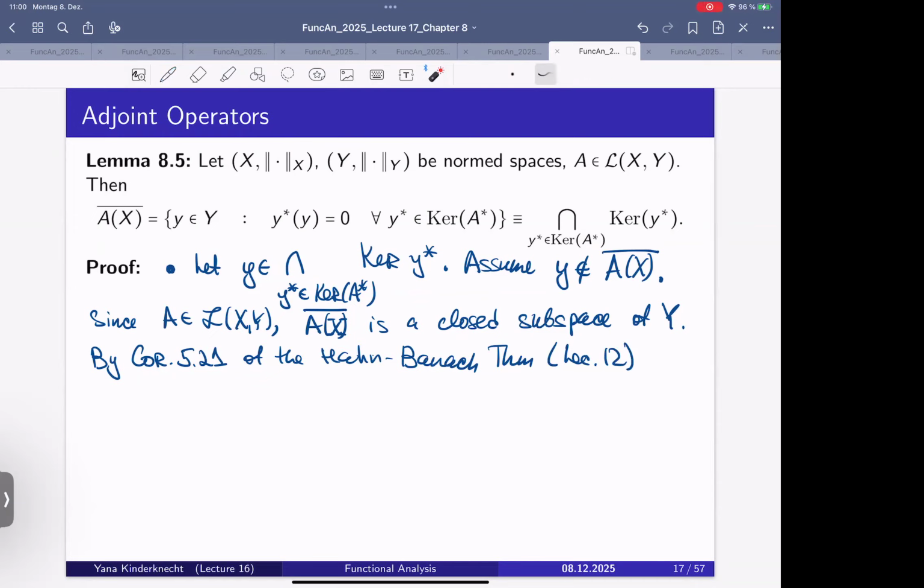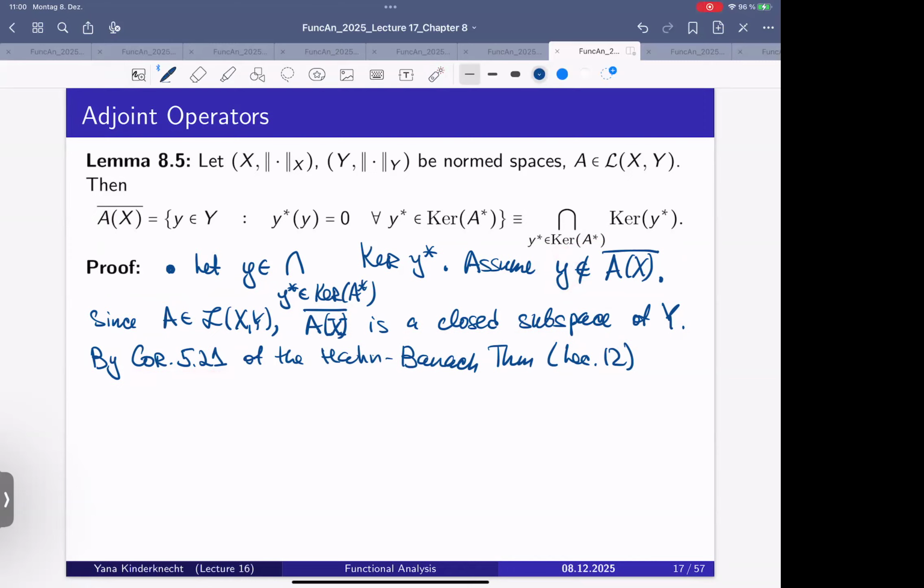What is this corollary about? We have a closed subspace and a point which does not belong to the closed subspace. So we may separate these two objects, this subspace and this point, by means of a continuous linear functional. This was the statement of this corollary.